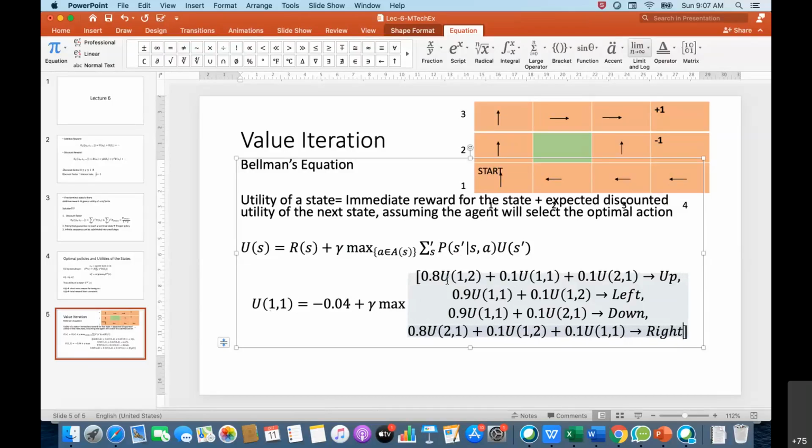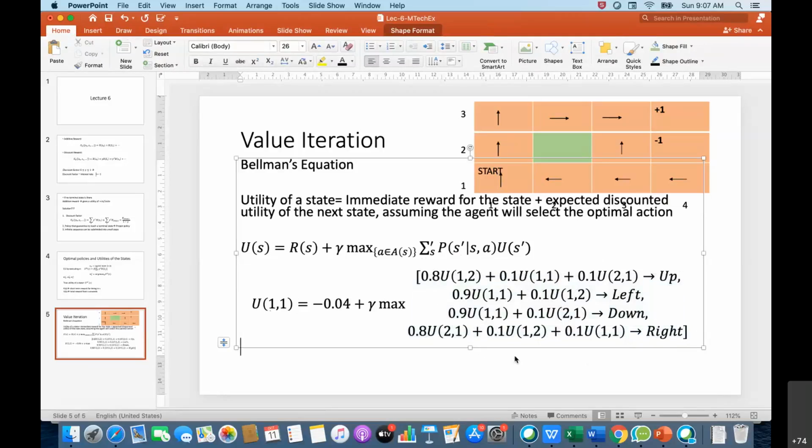So you have to take the maximum value among these 4 possible actions. You have to maximize the value and choose the action that is maximizing that utility.